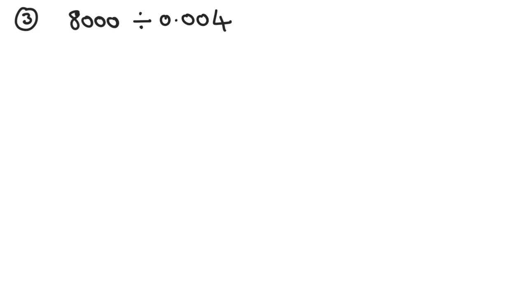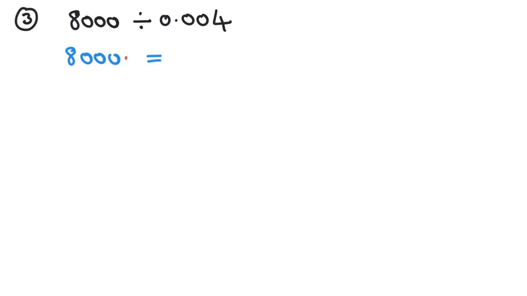Let's divide 8,000 by 0.004 and write this number in standard form. So first, let's change every number into standard form. 8,000. Can you do it and tell? You can pause the video. And what will be the standard form of 8,000?